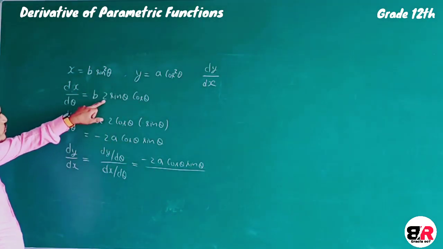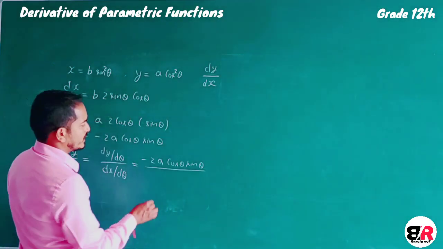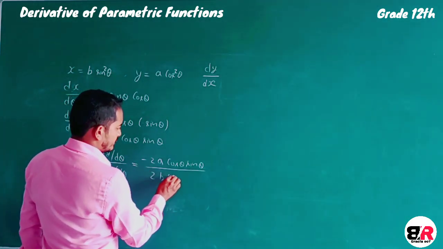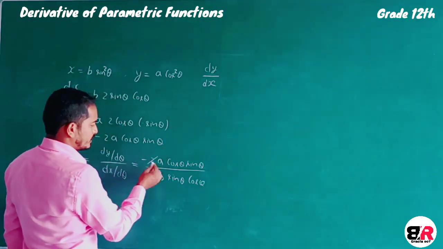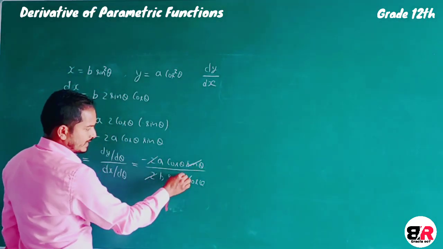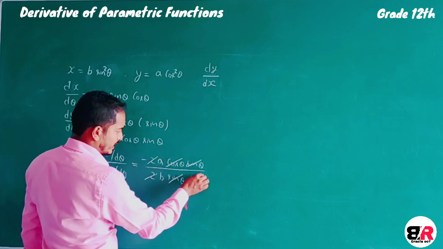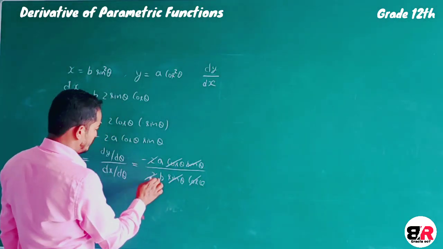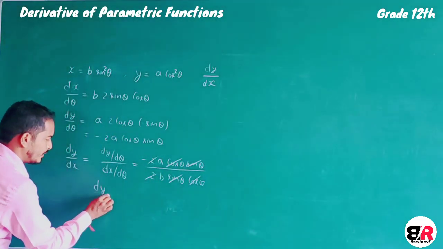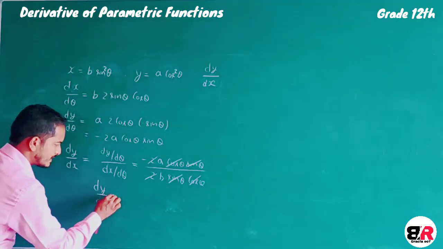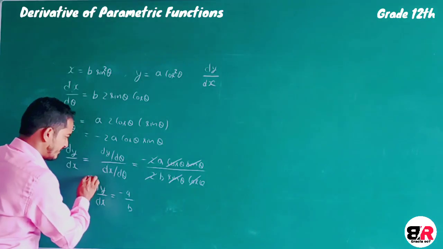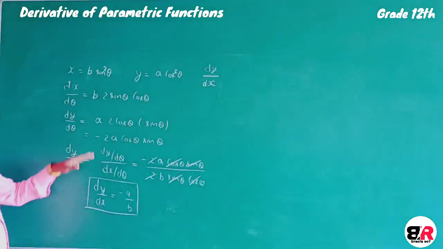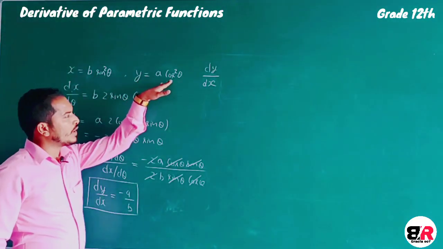Dx by d theta is 2b sin theta cos theta. 2 cancels out, sin theta cancels out, similarly cos theta cancels out, the remaining part is minus a upon b. So the required derivative dy by dx is minus a upon b of this parametric function, that is x is equal to b sin square theta and y is equal to a cos square theta.